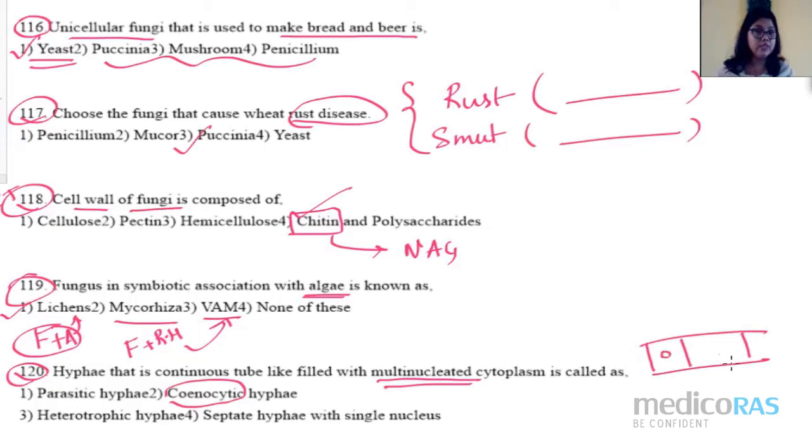In this cell I have one nucleus, in that cell I have one nucleus, so single cell, single uninucleated structure. But if I remove this membrane, or say there is no partition in between, then I can see that instead of one nucleus I now have two nuclei. So it is multinucleated, and that is coenocytic in biological terms, right? So the answer goes to option number 2.